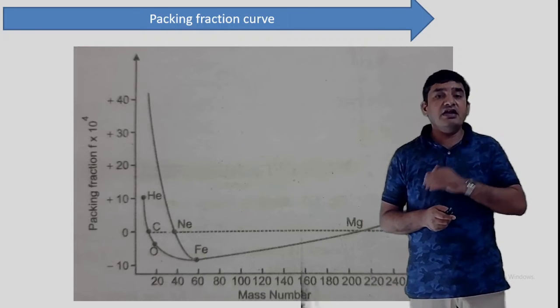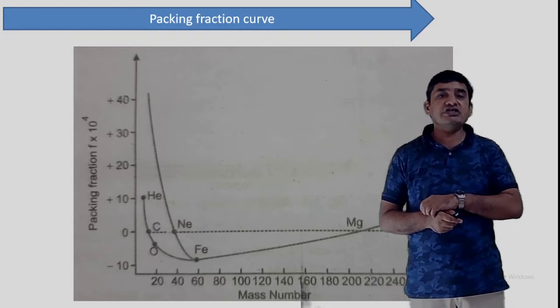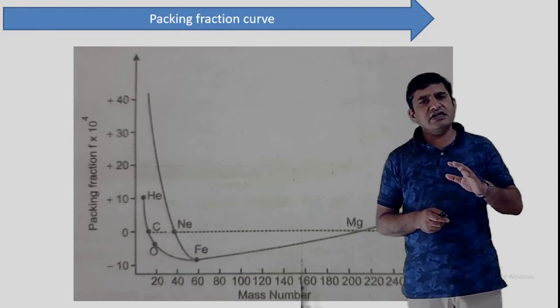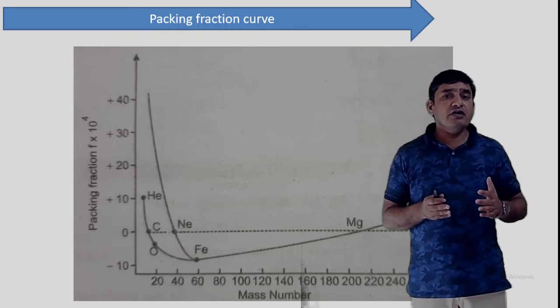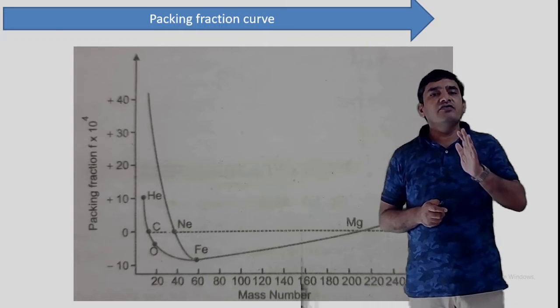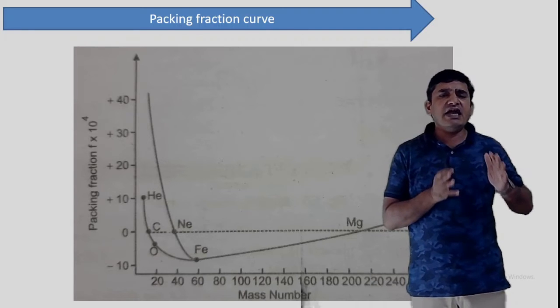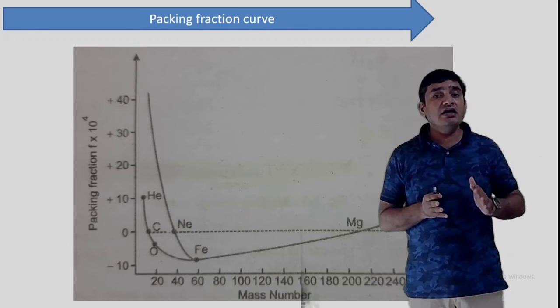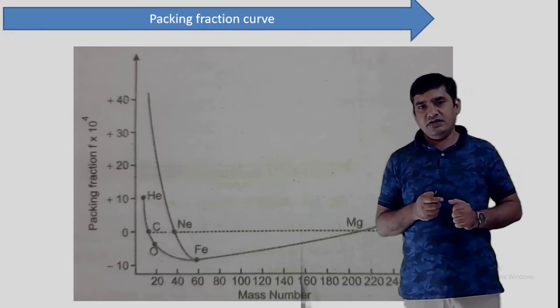For the lighter elements such as helium, the packing fraction is positive, and therefore we can say that these lighter elements are unstable.